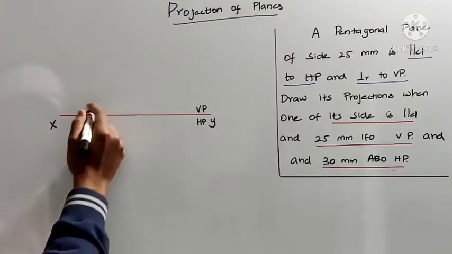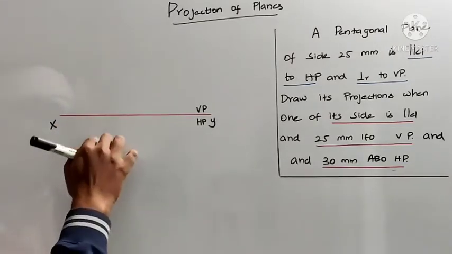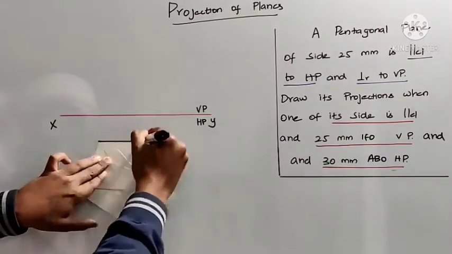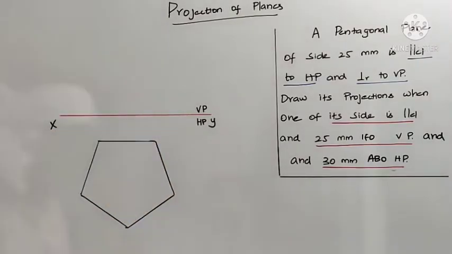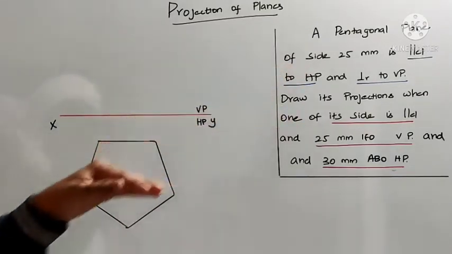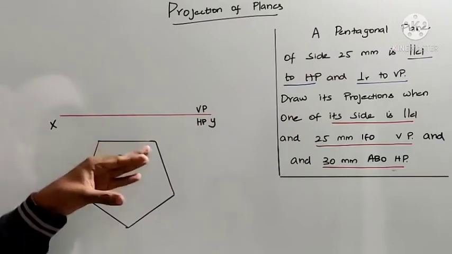At a 25 mm distance you start constructing the pentagon. So I have constructed the pentagon of side 25 mm. The top view I have constructed.